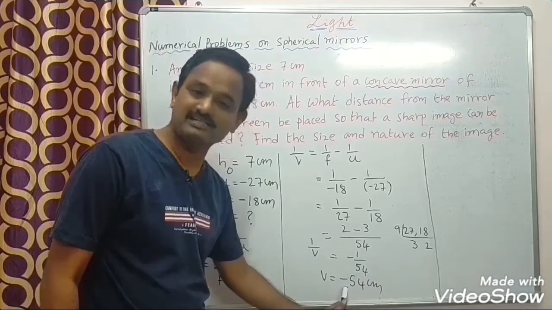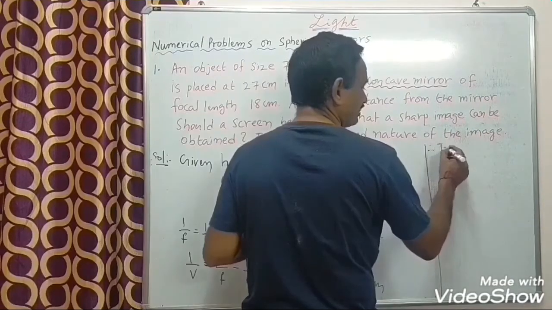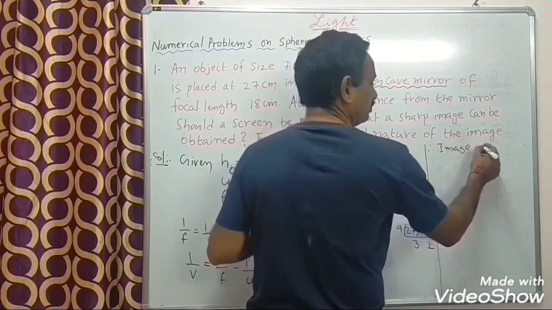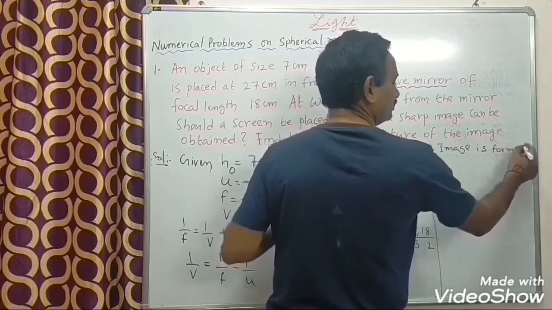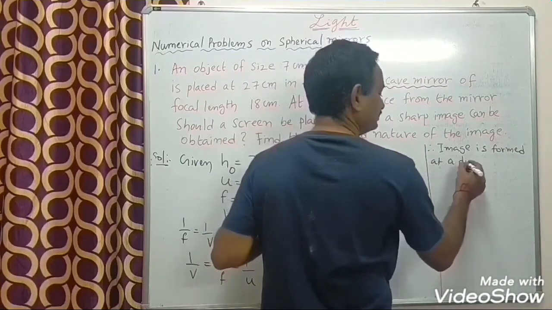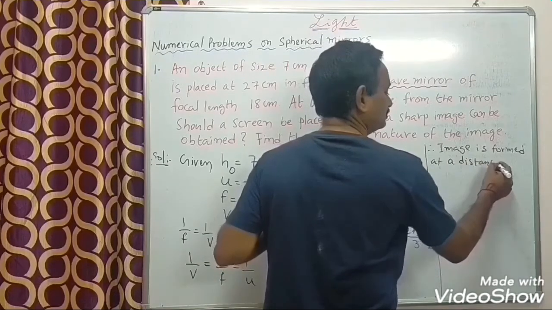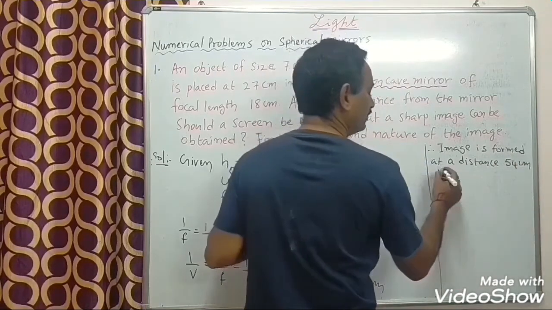Here minus indicates that it is a real image distance. The image is formed at a distance of 54 centimeter in front of the mirror.